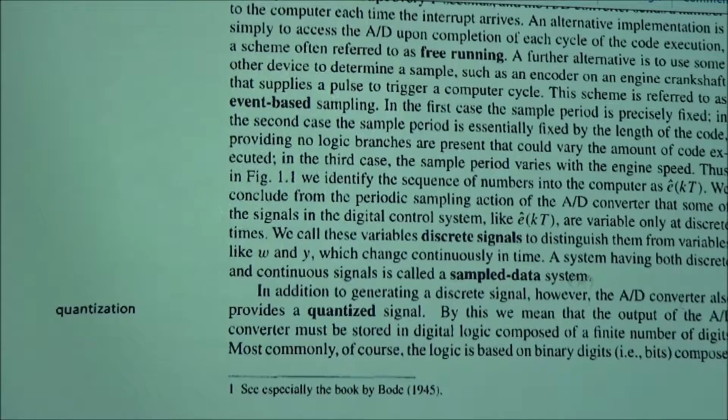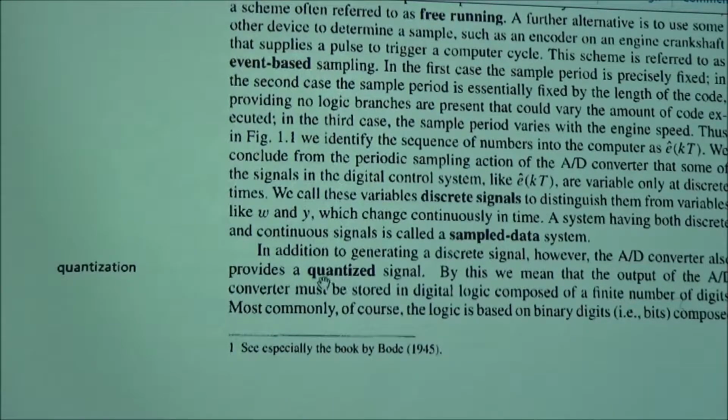A system which has both continuous and discrete signals running around the loop is called a sampled data system. We also have a concept of quantization, and that is that the analog to digital converter provides what's called a quantized signal, which holds the signal between samples so that the analog plant still has some kind of input. It doesn't disappear inside the plant.